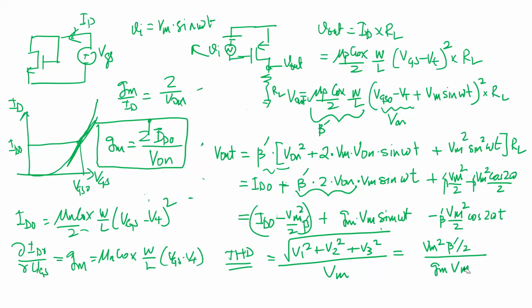Then you take that amplitude away and this square goes away. And then you take Gm to be 2 ID over Von, beta is mu Cox over there. You cancel all that. What you're going to get is that your distortion increases as a function of your amplitude. So if your amplitude is really, really small, then the distortion will go down because this square term will become 0. So that's your total harmonic distortion.